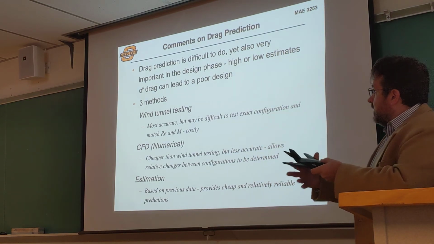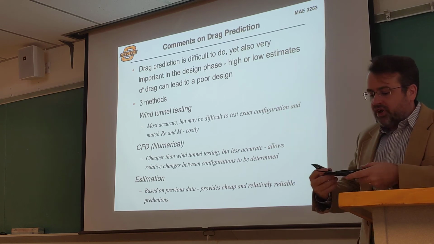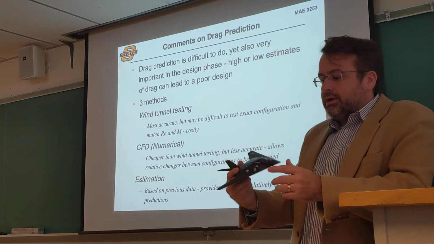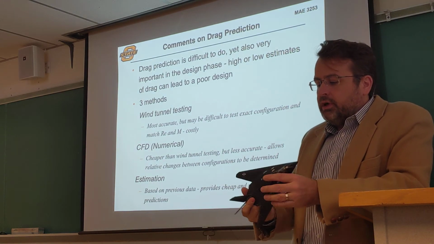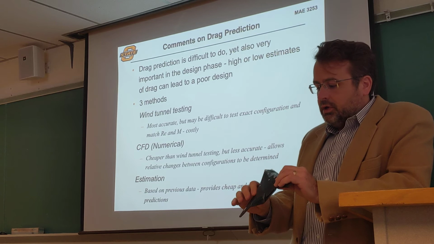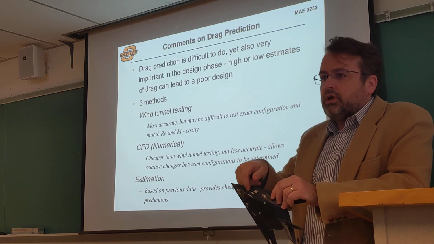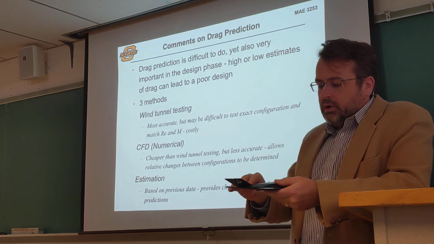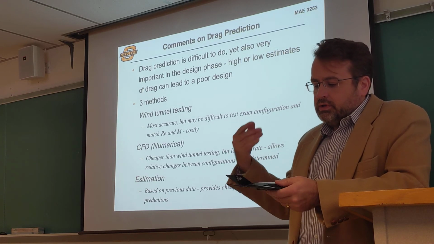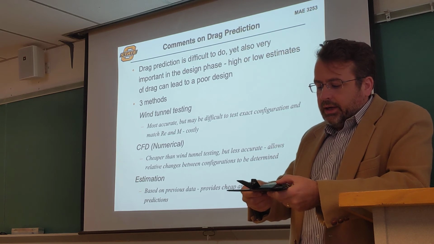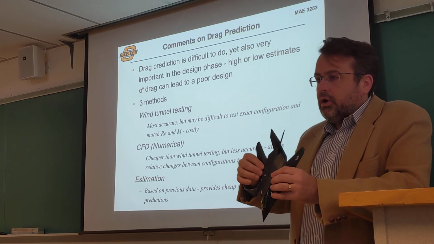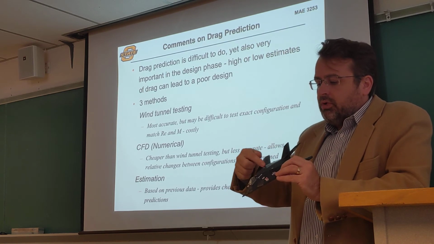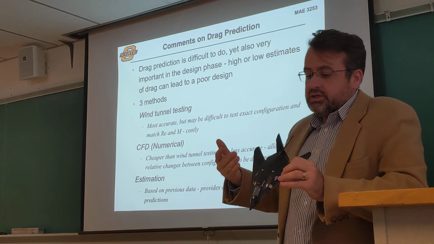But going back to this, let's say you've been tasked with doing the drag prediction on something like the F-117, which has a lot of angular features and a little mesh in front of the inlet here, so that it keeps radar from going through and bouncing off all your engine components and then getting that signal back. It's got these flat panels here, all these interference pieces. The wing is pretty easy, you know how to handle that, but how do you handle everything else and go through the process of actually predicting this?